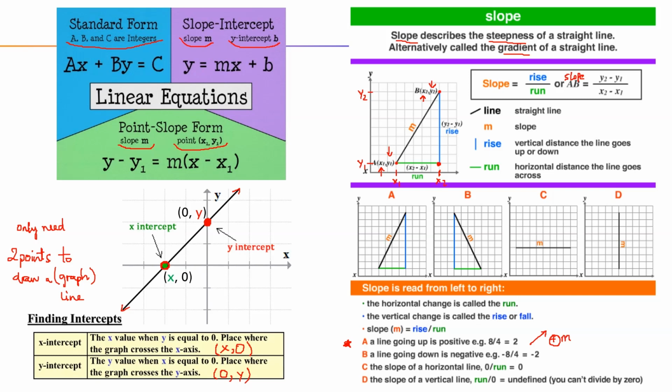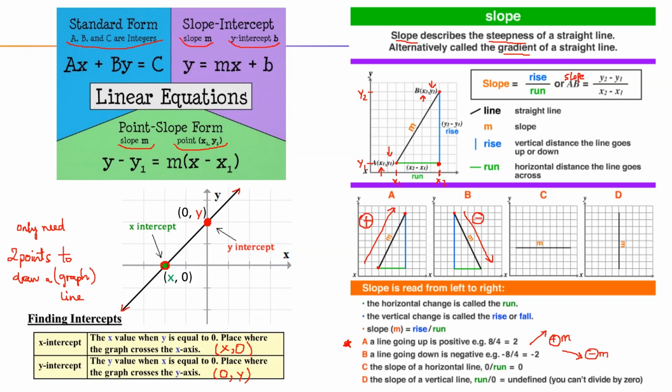When it goes down from left to right, remember to look at the graph line, the black one, this one goes up and this one goes down. So this one is positive m, and this one is negative m.